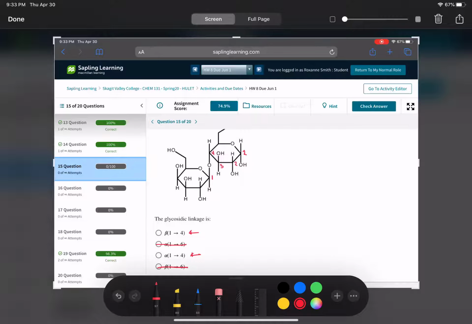Now you have to decide if this is an alpha or if it's a beta. And you've got a 50-50 chance. But the way that you're going to do this is by asking yourself, was or is, not was, is this an anomeric carbon? Anomeric is such a fancy word, but remember, anomeric is just referring to the very right-hand point of its own ring.